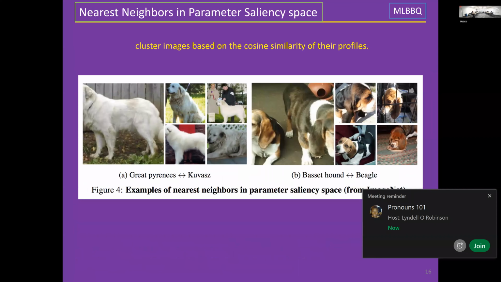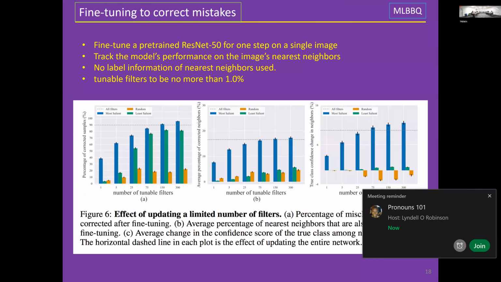Maybe you have seen this panel A. This panel A is not only for the nearest neighbors, it is for the entire network. From the validation set, they take one misclassified sample each time and identify 150, or let's say 50, malfunctioning filters. They updated the gradients of those malfunctioning filters based on only that sample. Then they repeated this over the entire validation set for all the misclassified samples.